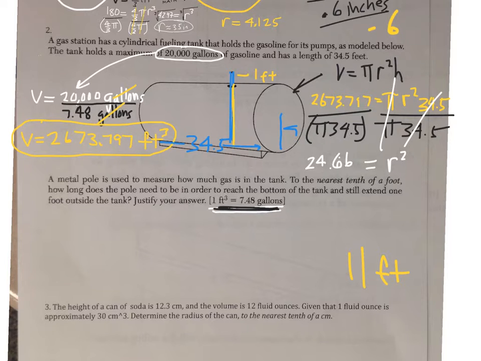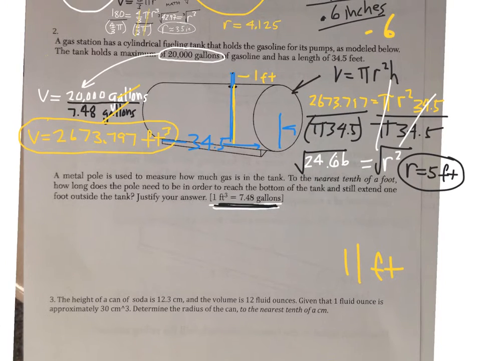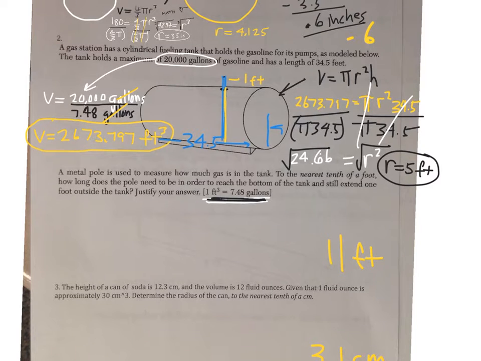So the radius isn't 25 feet long. Radius squared would be. How do you get rid of the little 2, the little squared? What's the opposite of squaring something? Square rooting something. So you do that, and you get that the radius is equal to about 5 feet. And at the end, there's still just one more thing to do.